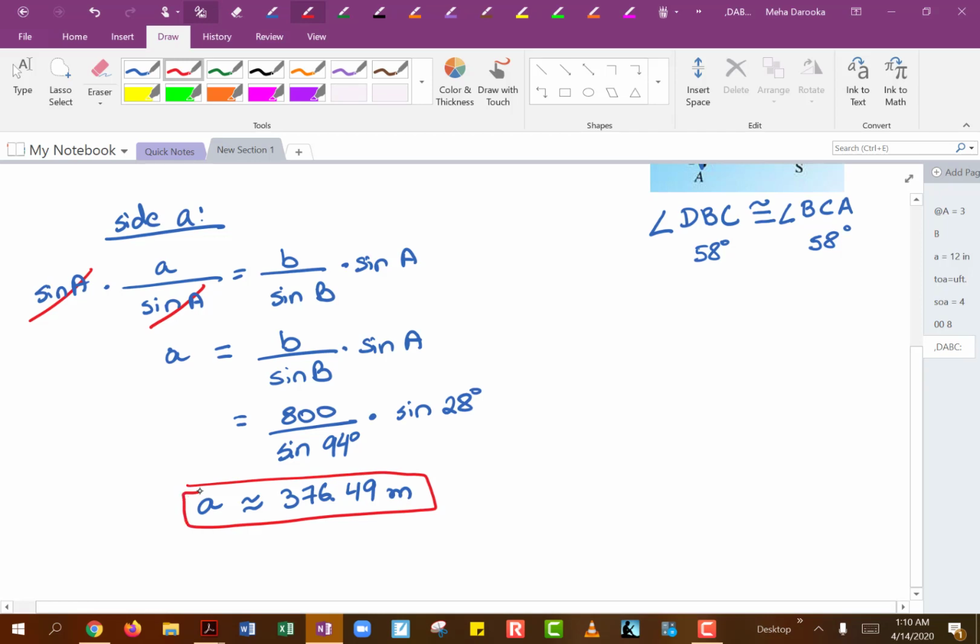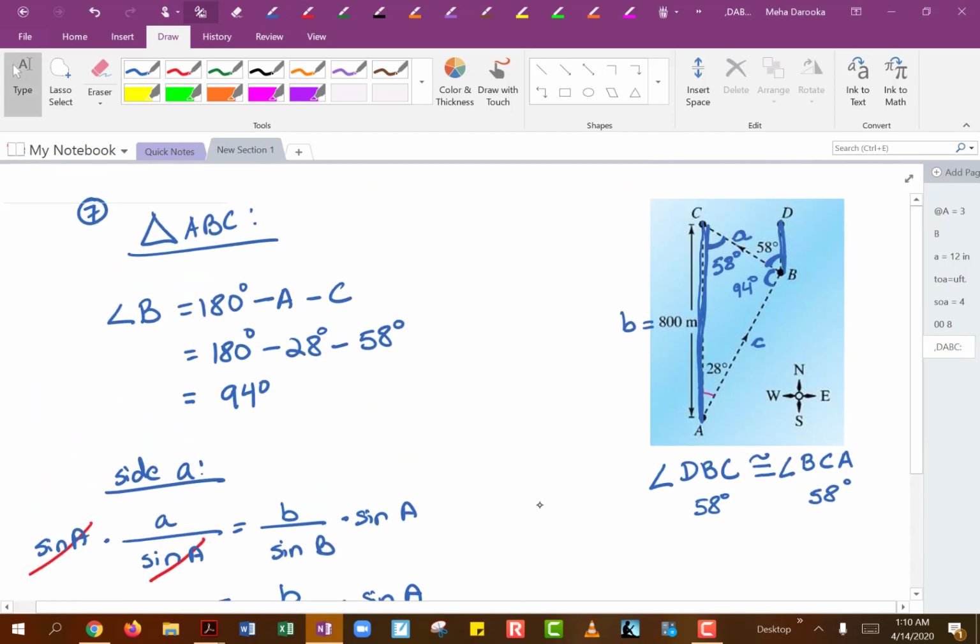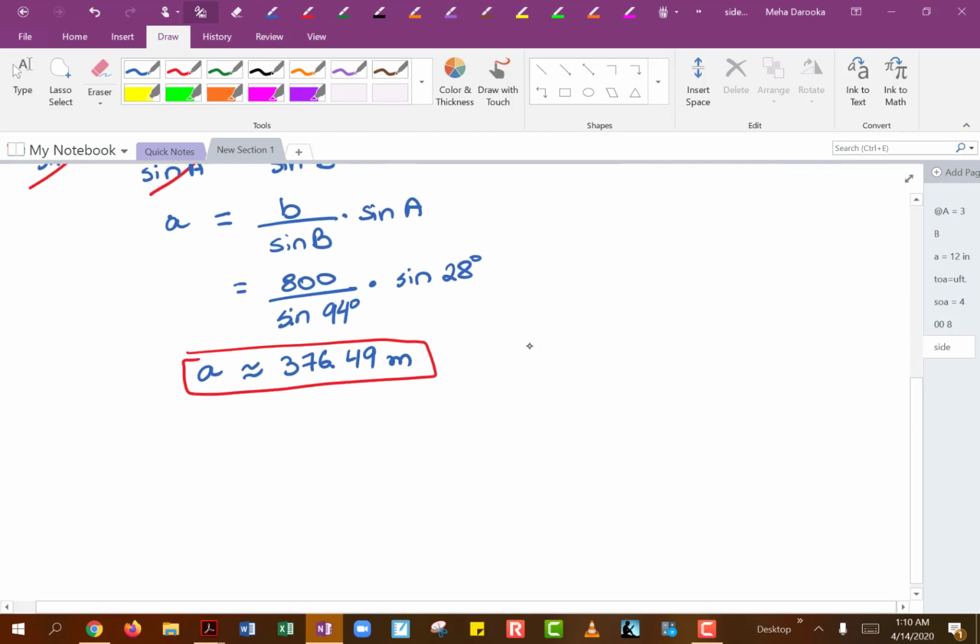So that's going to be this distance here, side A, 376.49 meters. Now we have to find side C, so let's go ahead and do that.